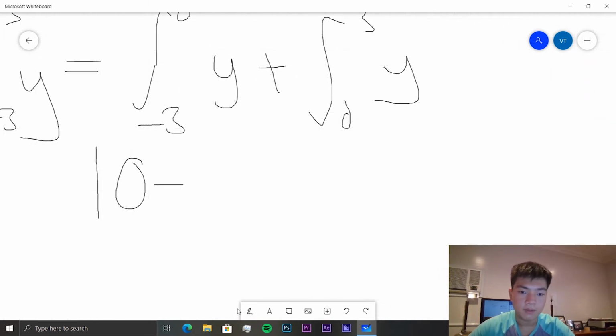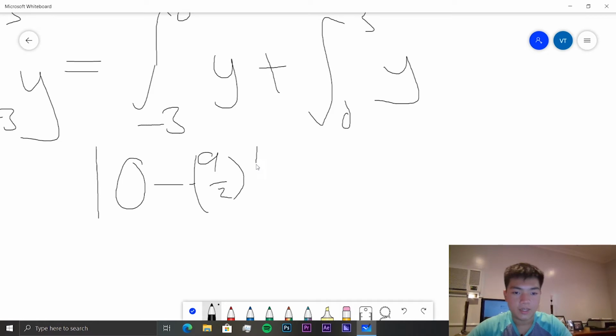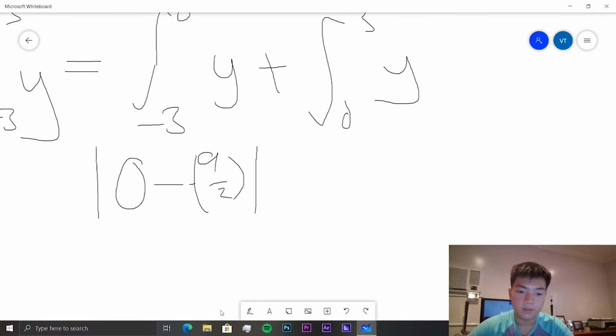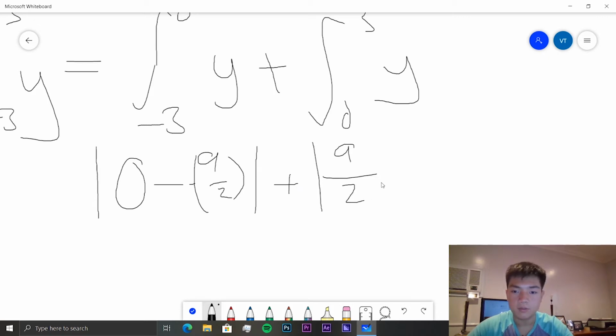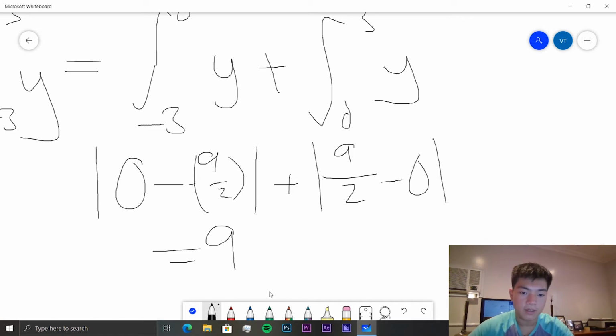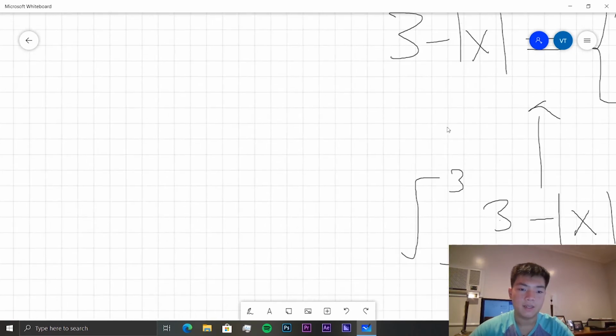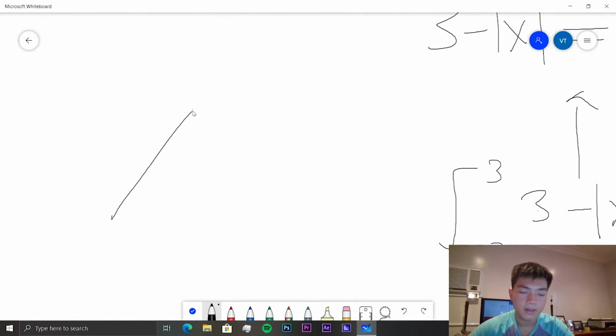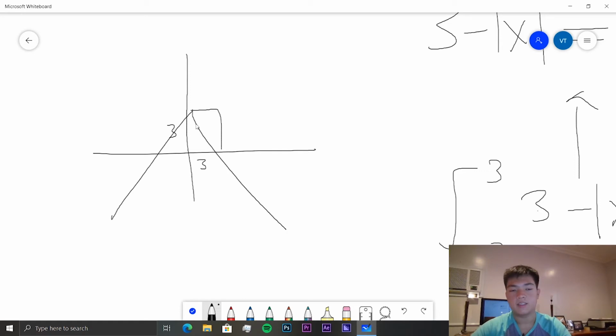So this should be equal to minus 9 over 2. And so next, let's evaluate this between 0 and 3, and we should get that this is equal to 9 over 2 minus 0. So we're adding 9 over 2 and 9 over 2, so we get the area underneath the curve is 9. And we can verify this because this graph should look like that. And so we can simply get the area of a triangle with side length 3. So this should be equal to 9.